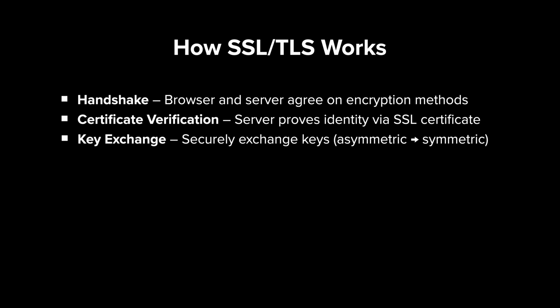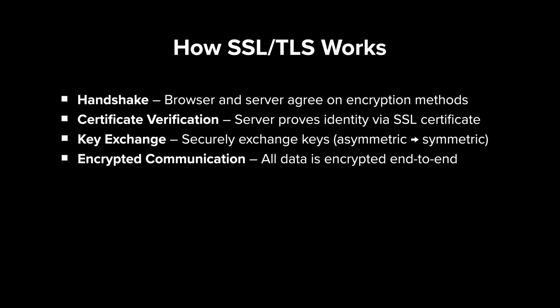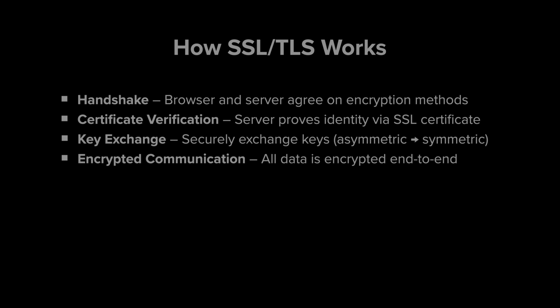Then comes the key exchange, where they securely exchange keys to establish an encrypted session. Modern TLS uses asymmetric encryption during the handshake and then switches to symmetric encryption for faster data transfer. Finally, encrypted communication begins. All data sent between the browser and server is encrypted, so only the browser and server can read it. This process ensures privacy and data integrity during your online interactions.